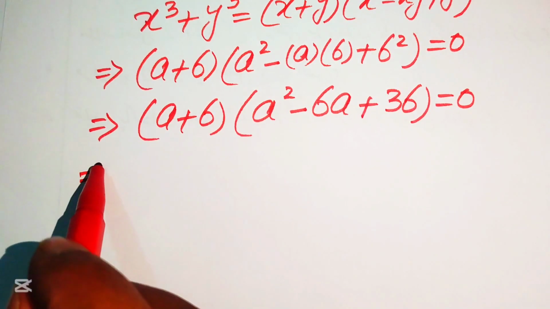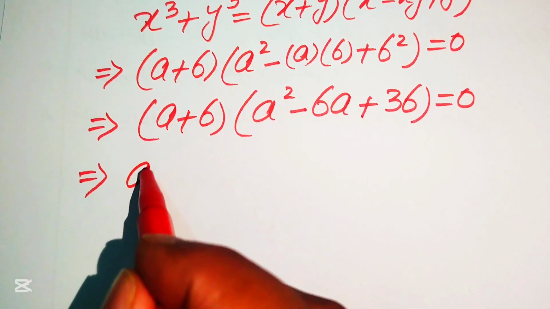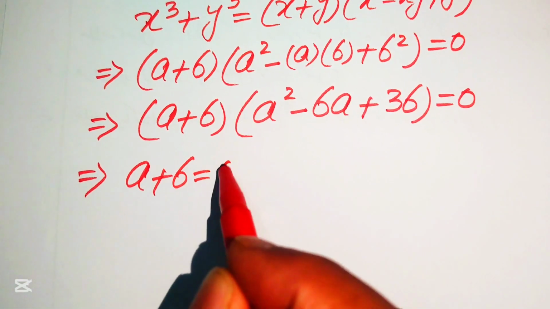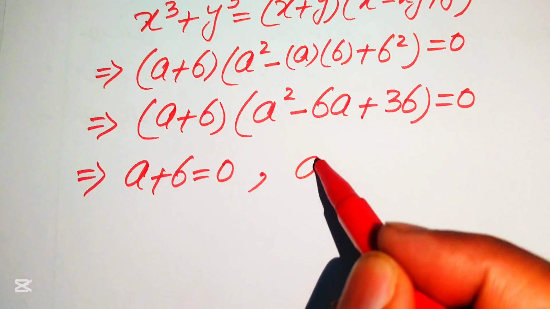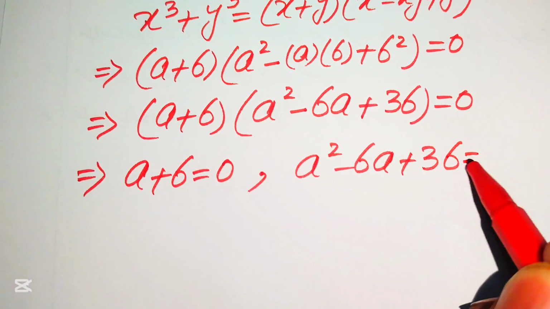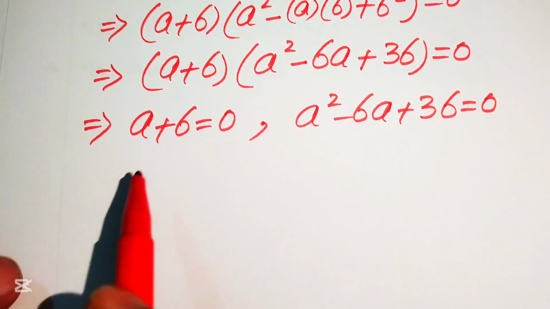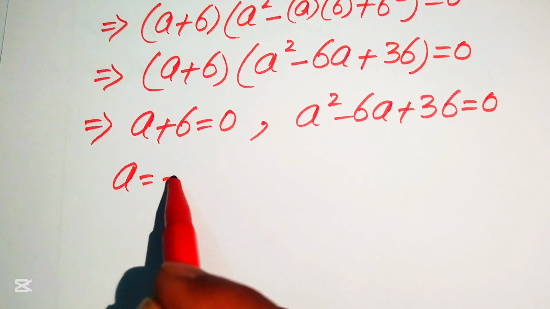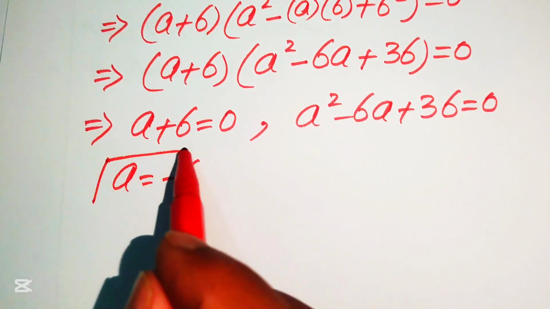And now in the next step we need more simplification, and it will be written as a plus 6 equals 0 and a square minus 6a plus 36 equals 0. So from this case we easily get the value of a equals minus 6.